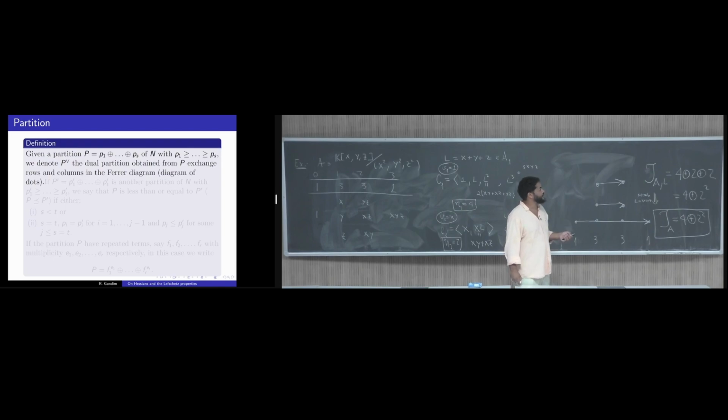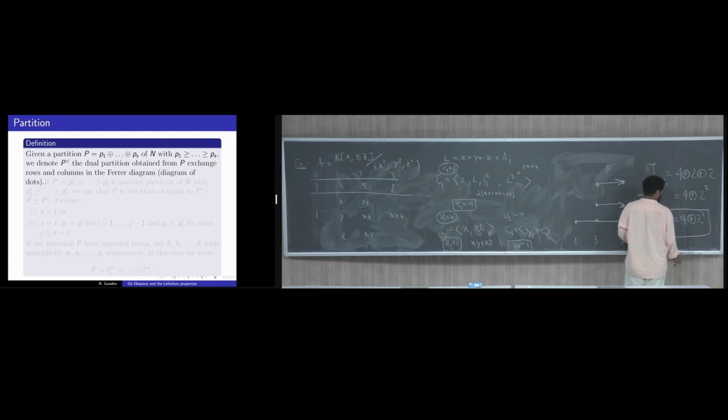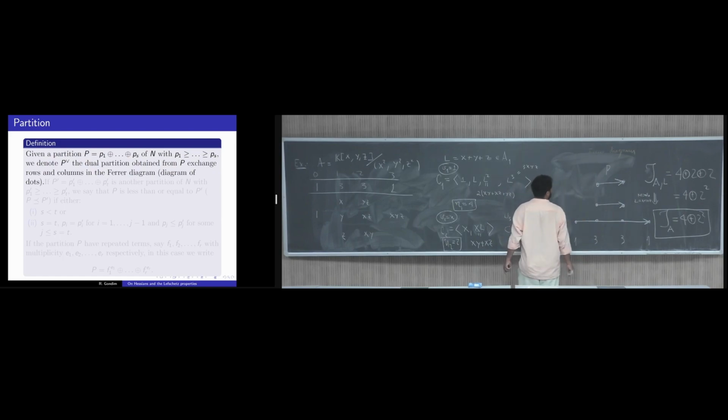Given a partition P, the so-called dual partition is the partition obtained from P by exchanging rows and columns in a Ferrer diagram.